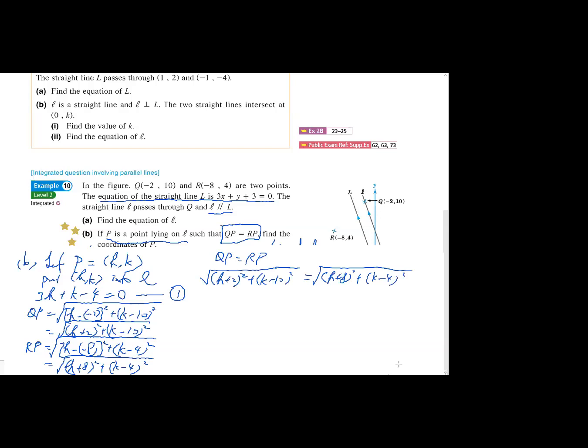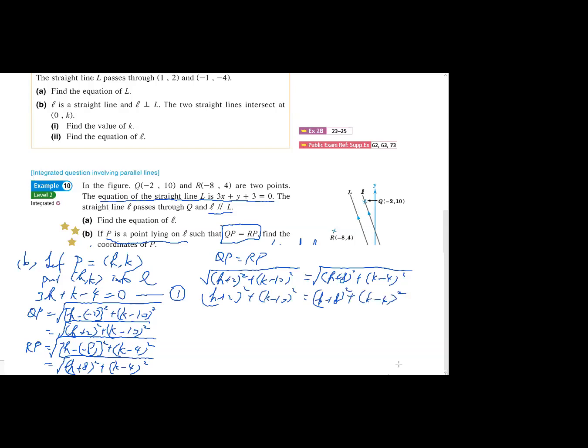Okay? 記住我哋而家目標係想 set up 一條 equation 2 出嚟嘅，得唔得？嗱呢度話兩邊都有開方喎。We have square roots on both sides. So we need to cancel out the square root by squaring both sides. Okay? So that is (h plus 2) bracket square plus (k minus 10) square is equal to (h plus 8) square plus (k minus 4) square.